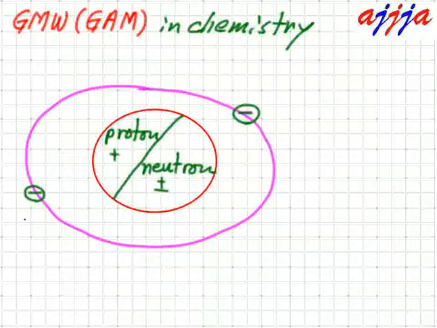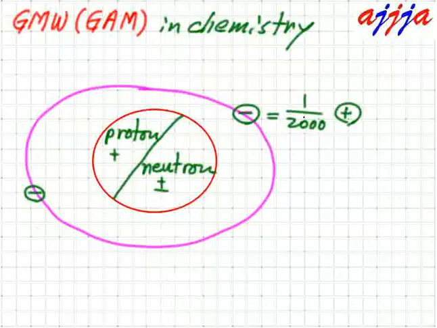Obviously, in the first shell, we can have 2 electrons. Now, wait a minute. Electrons are so light. Maybe 1 electron's weight is about 1 over 2,000, in other words, one 2,000th of 1 proton. So that means we ignore this weight.